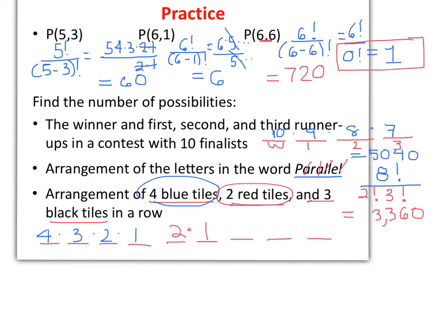And then we have our 3 black tiles. So we're going to do that one in green, which is going to be 3 times 2 times 1. So putting this all together, you have 4 factorial times 2 factorial times 3 factorial. And that's going to give you 24 times 2 is 48. 48 times 6 is 288 ways to rearrange those tiles in that way.